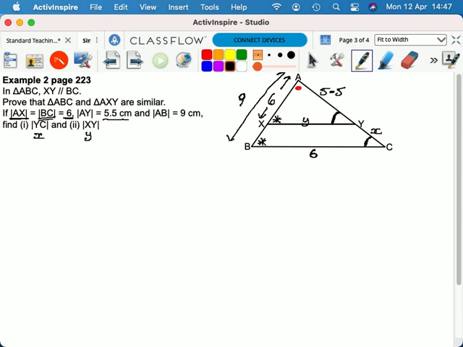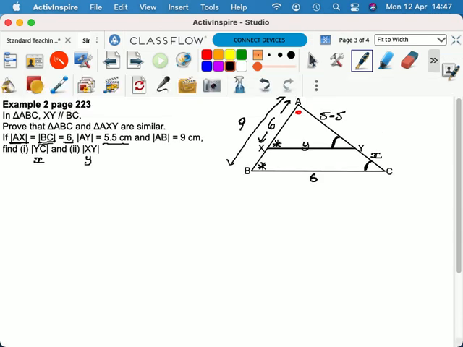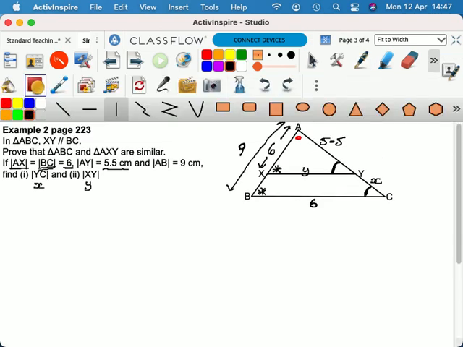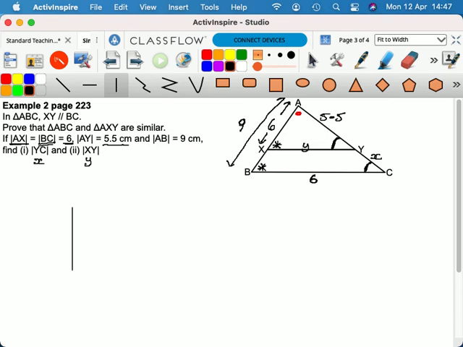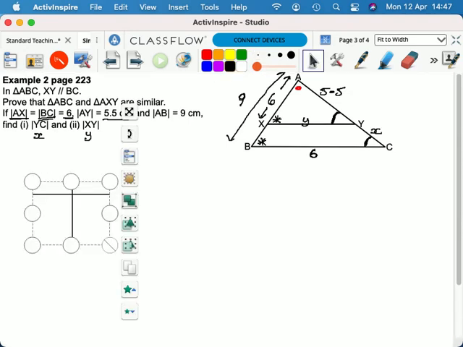I might get marks for that. But what's the method for similar triangles? You draw a table. You make it fairly obvious what is what. So I'm going to draw a table, and I'm going to use the expression large and small triangle just to make my life a little bit easier.